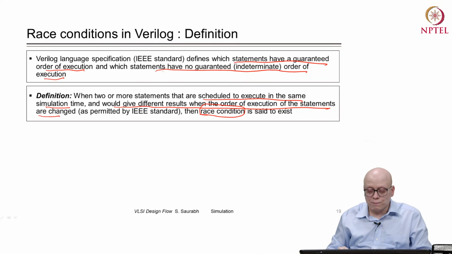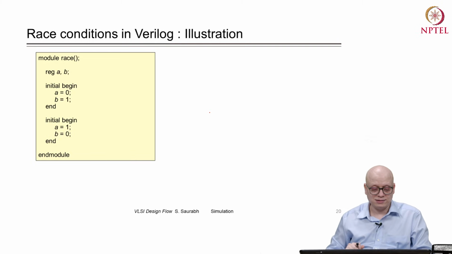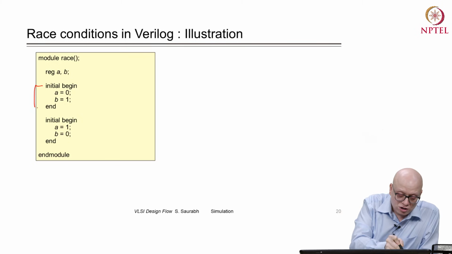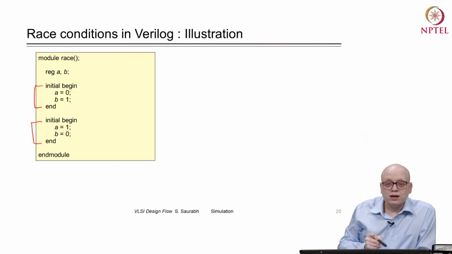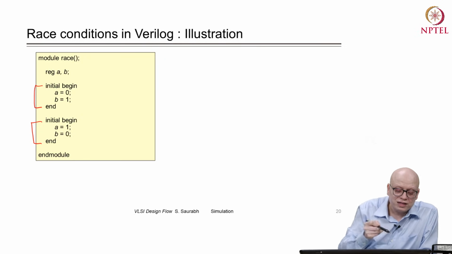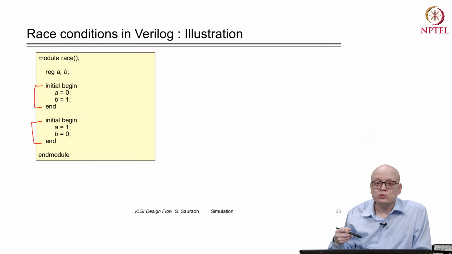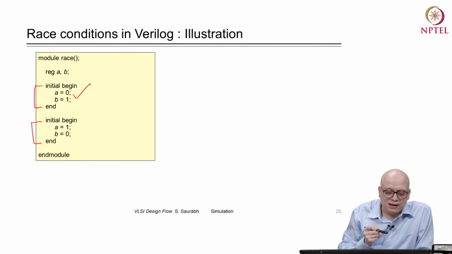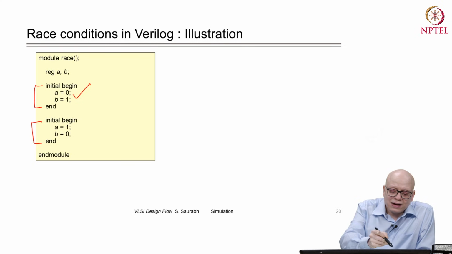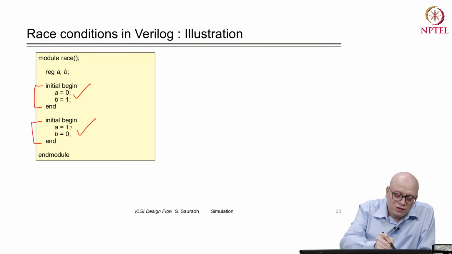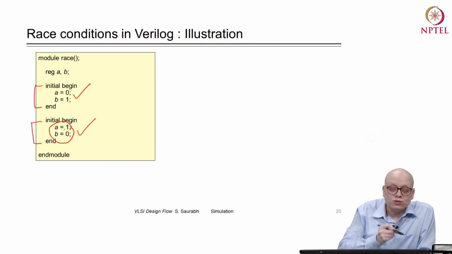Now, let us take an example to explain what we mean by race. Consider this situation in which we have two initial blocks. As per the IEEE standard, any of these initial blocks can be executed first. If this one is executed first and next this one is processed, then the final values will be A equal to 1 and B equal to 0.